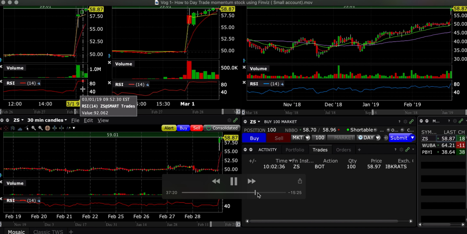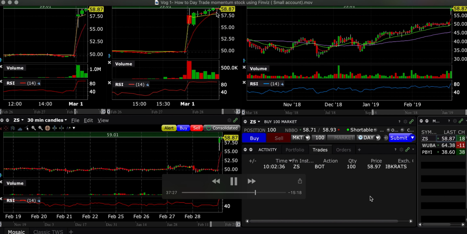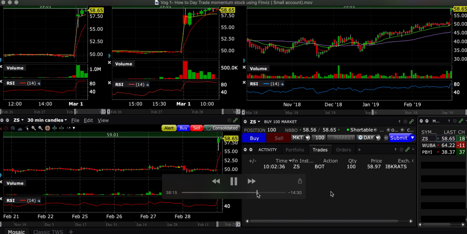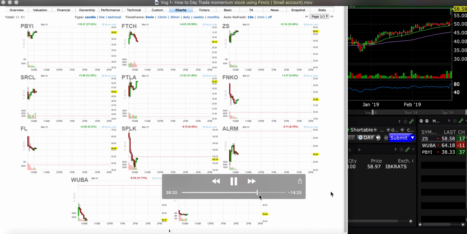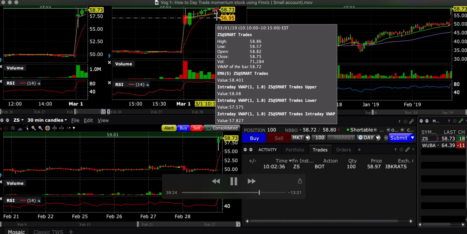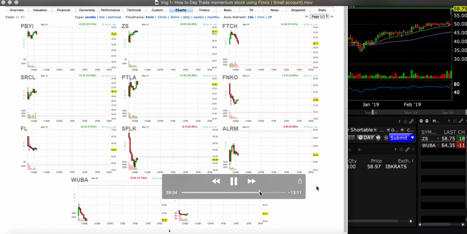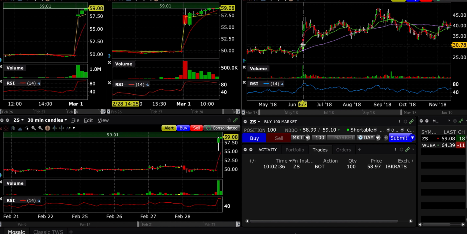And what you will see after this 3 candle up, it's one sideways, and if you want to time your trades, timing the trade now would be really good if you were looking at this ZS trade. The reason being it has had this 3 up move, 1 sideways, and this candle or the next one, whichever one it is, once it breaks through 59, is when you will have some legs in the name, right? So I'll show you what's going on.